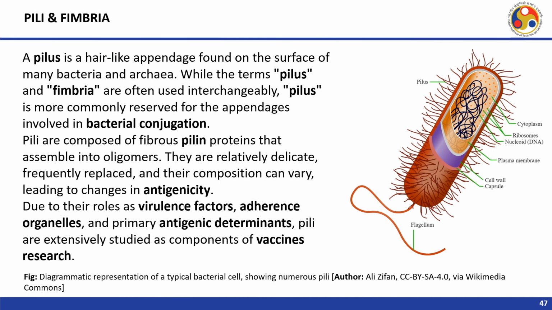Pili are composed of fibrous proteins called pilin that assemble into oligomers. They are relatively delicate, frequently replaced, and their composition can vary, leading to changes in antigenicity. Due to their roles as virulence factors, adherence organelles, and primary antigenic determinants, pili are extensively studied as components of vaccine research.